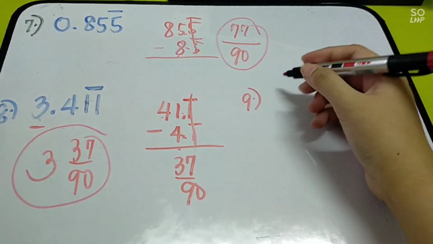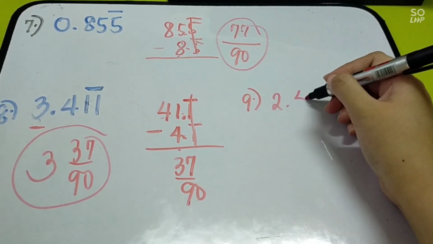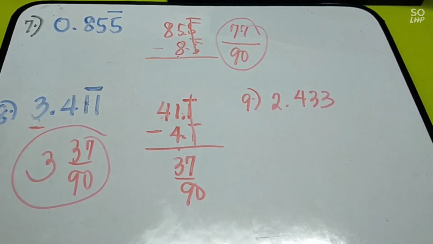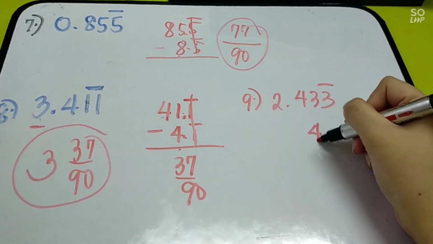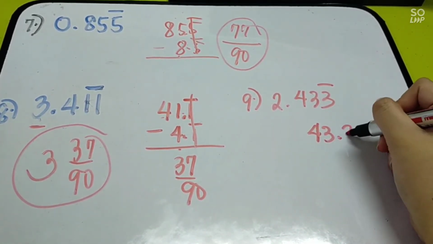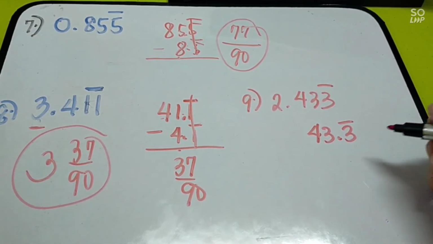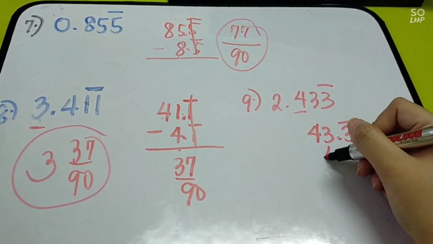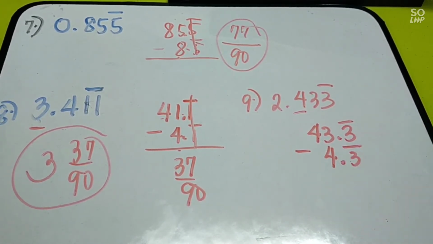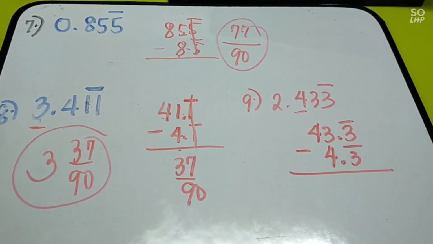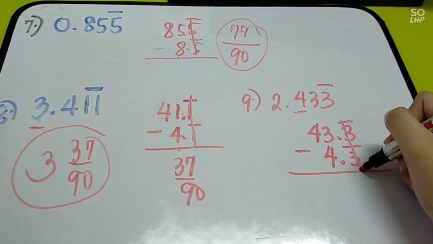One more. Number 9. For example, you have here 2.4333. So, the 333 is repeating. So, you write 43, just make it 43.33. Then, who is the non-repeating digit? It is 4, right? So, 4. You subtract 4 from the repeating 3 part. Over it. Then, cancel this, it becomes 0.